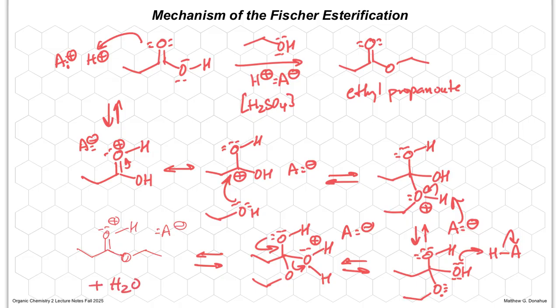And then we just use the conjugate base to do a proton transfer. And that will give us our product, ethyl propanoate. So you notice these arrows that I drew between each intermediate here are these equilibrium ones.